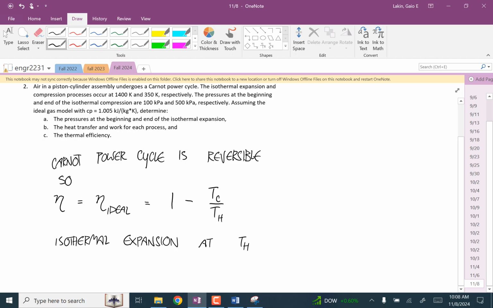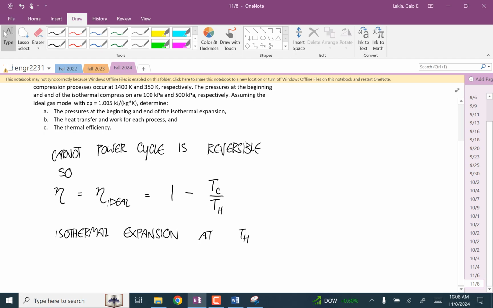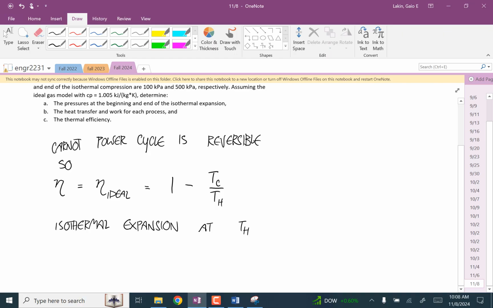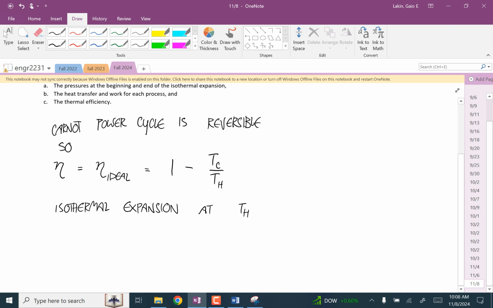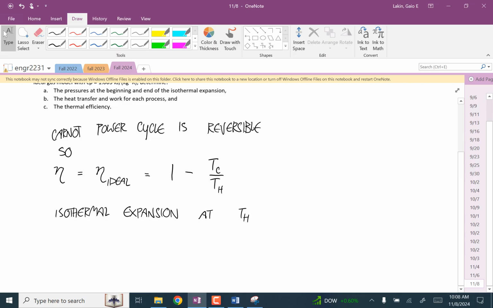We can figure out the pressures at the beginning and end of the isothermal expansion. So how much do we have to know about this Carnot cycle?